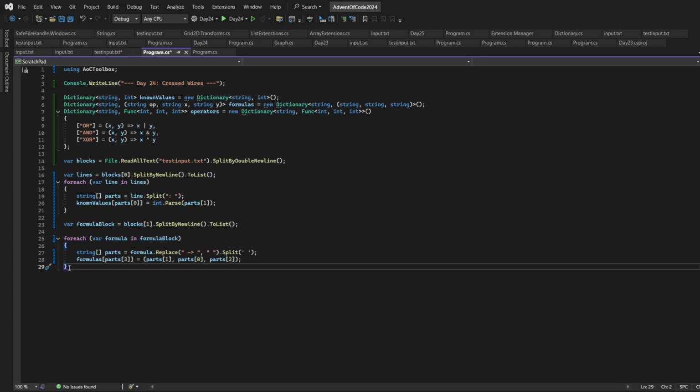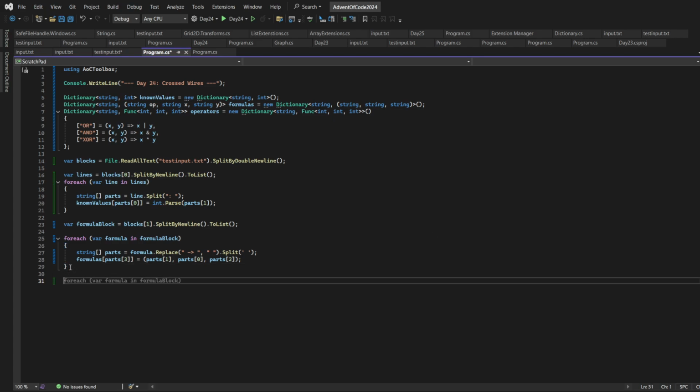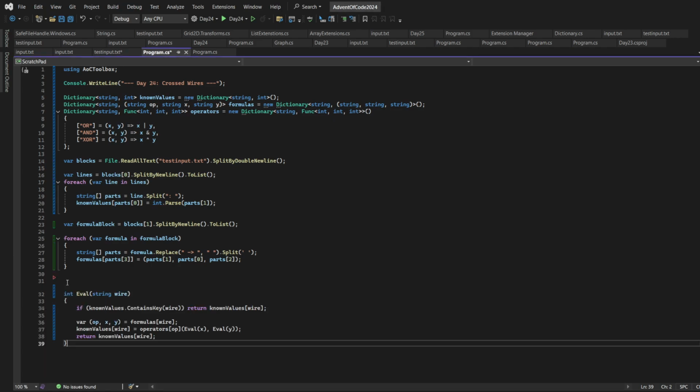After we have parsed them, then we will do our calculation. We will also add our evaluation function, because when we do these calculations, we need to do it in a recursive way. But we will just add the other code first.